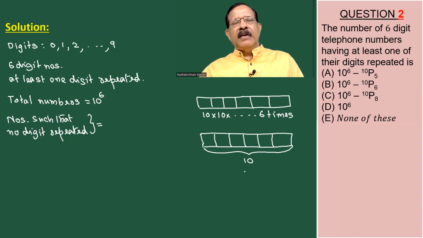How many ways can we arrange these 10 digits in 6 boxes? Arrangement of 6 digits out of 10 in a row. The formula is 10P6.